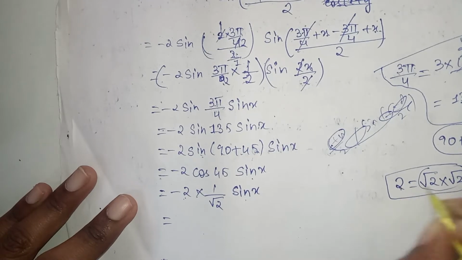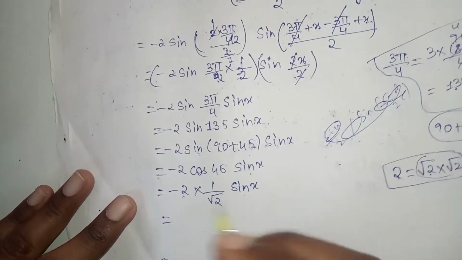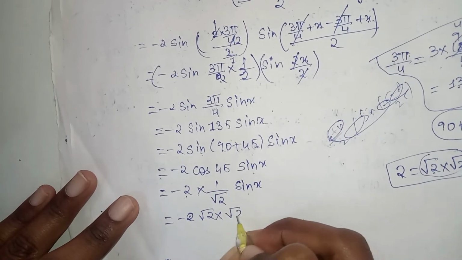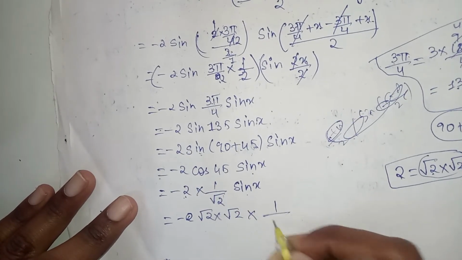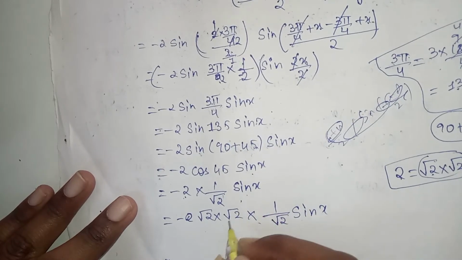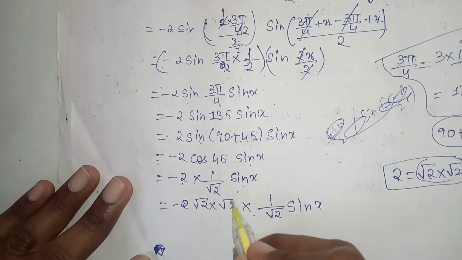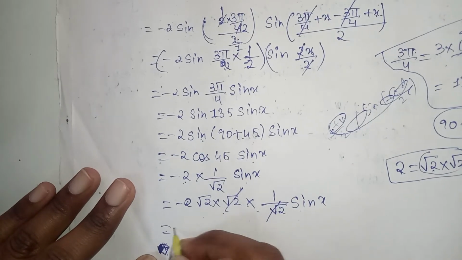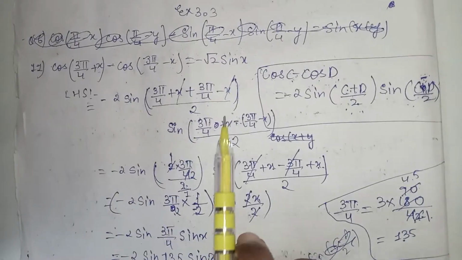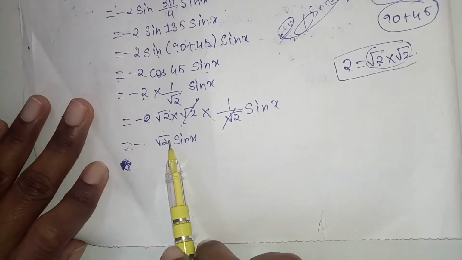So 2 we can write as root 2 into root 2 into 1 by root 2, as it is. Whenever into is there, you can say they are there, means we can cancel it. So minus root 2 sin x. So what they have asked, minus root 2 sin x, we got the minus root 2 sin x.